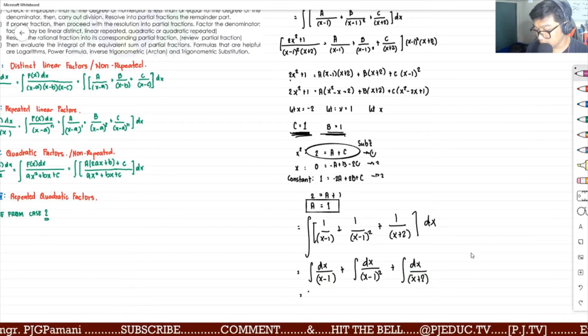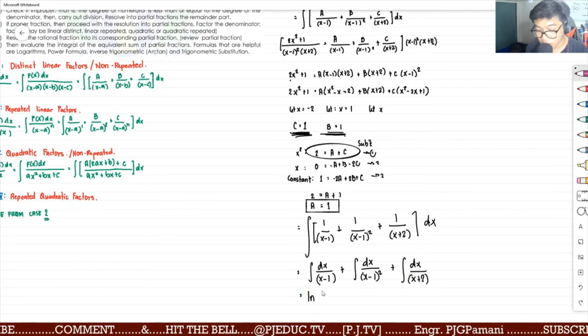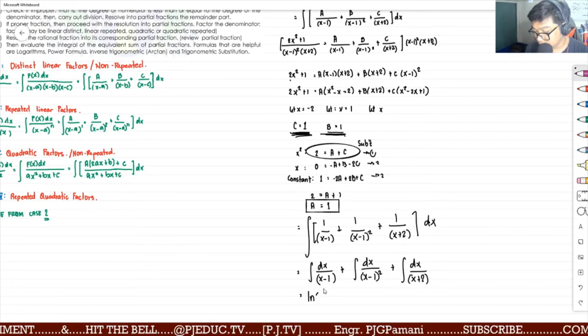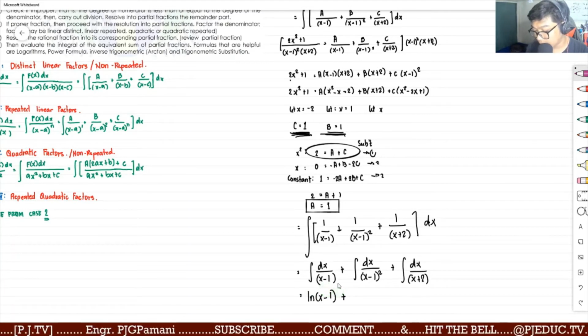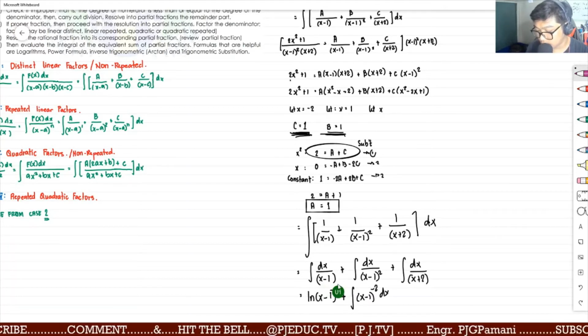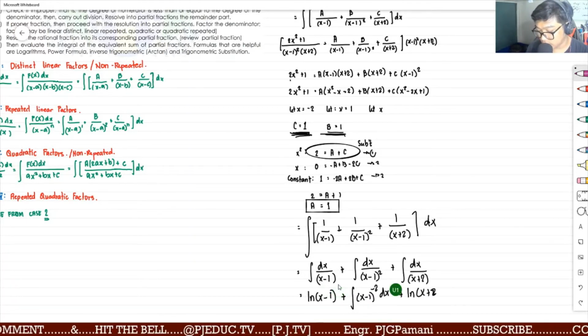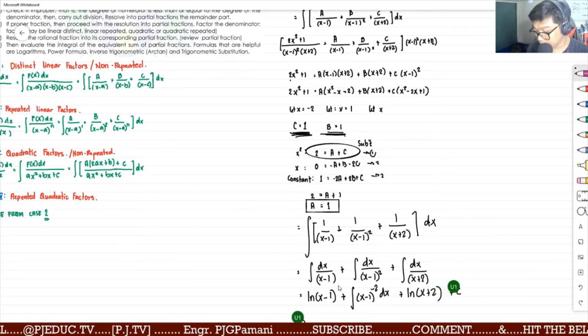Okay? Differential of x minus 1 is simply 1. So that is ln x minus 1 plus, anong gagawin natin dyan? Integral of x minus 1 raised to negative 2 dx plus ln x plus 2 plus c. So, yung nasa gitnang term, power rule lang yan.